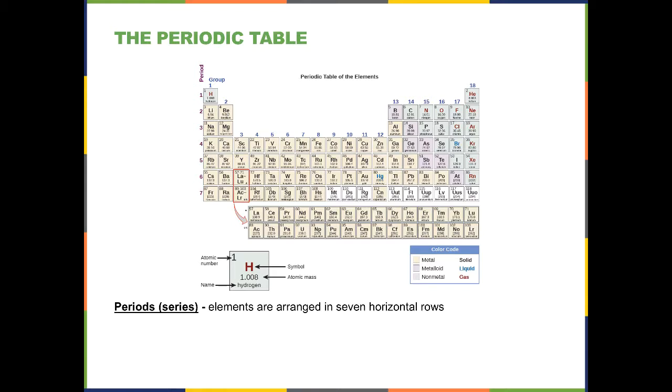A period or series is the elements in horizontal rows. So you have 1, 2, 3, 4, 5, 6, 7 horizontal rows or periods. And then there are 18 vertical columns or groups, and the groups are much more important than the periods.